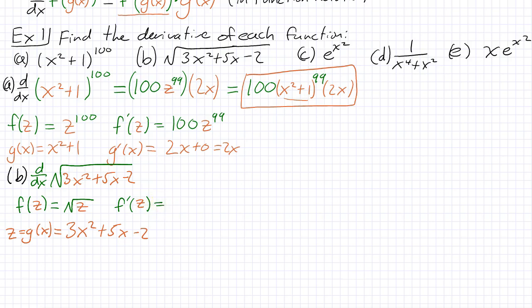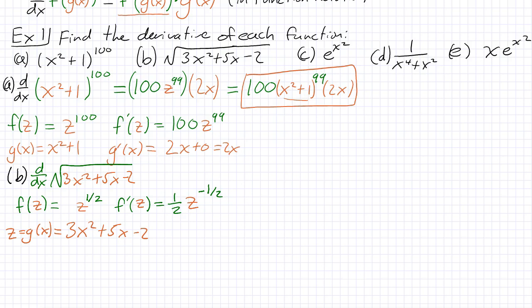So the square root is really z to the 1/2, so we could write it that way at first. The derivative of something to the power 1/2 is just 1/2 times that thing to the power 1/2 minus 1, which becomes negative 1/2.